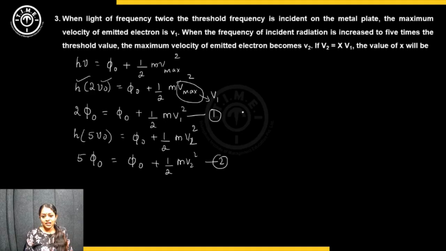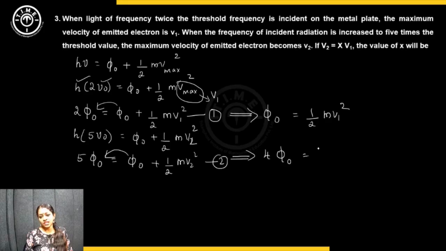Now from equation 1, just by rearranging the terms, 2 phi 0 minus phi 0 will give you phi 0. Phi 0 is equal to half m v1 square, and from equation 2 you have 5 phi 0 minus phi 0, that is 4 phi 0 is equal to half m v2 square.